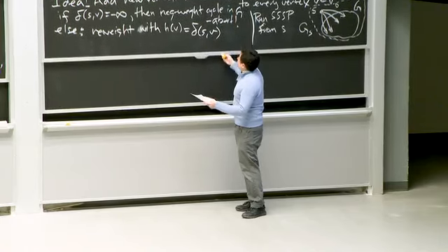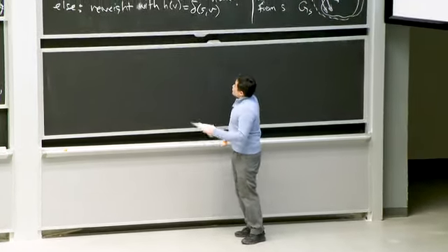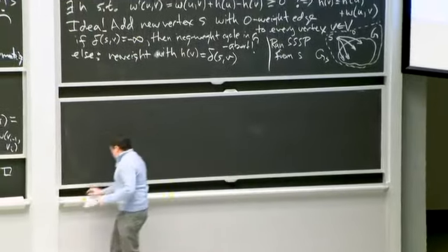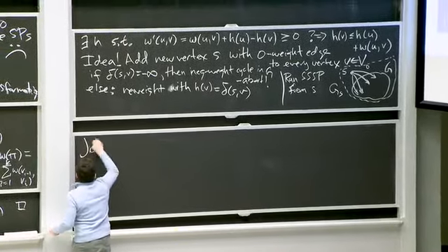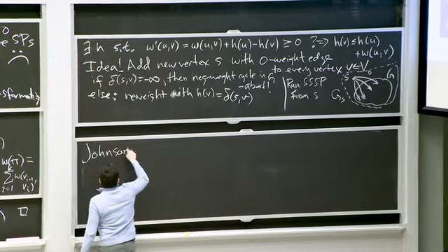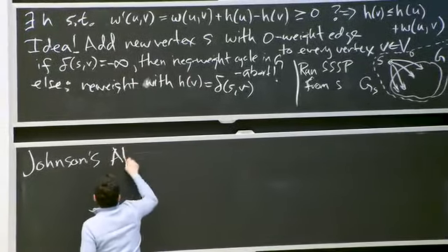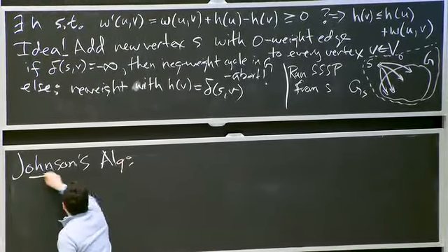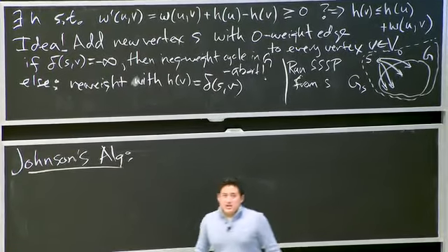So that's basically it. That's the idea behind Johnson's algorithm. It's really a reduction algorithm.